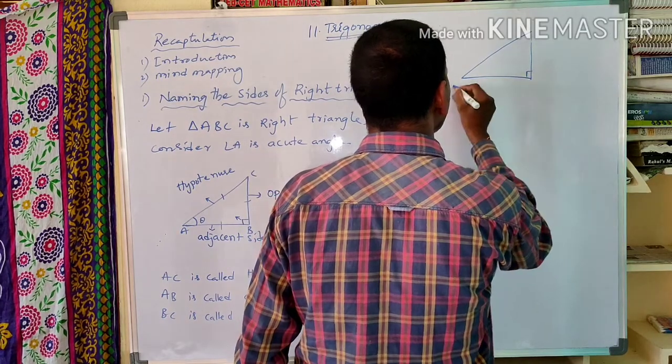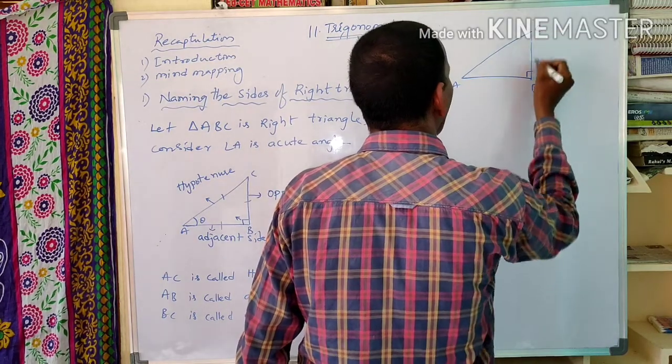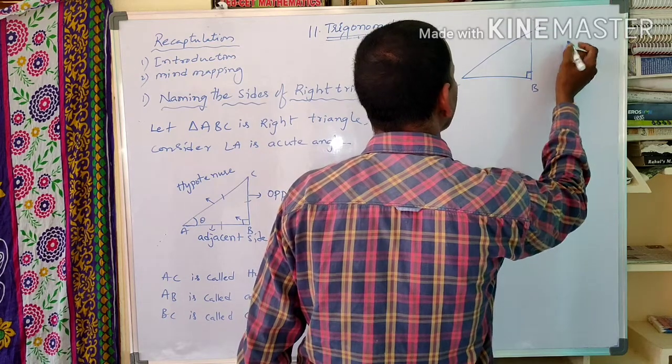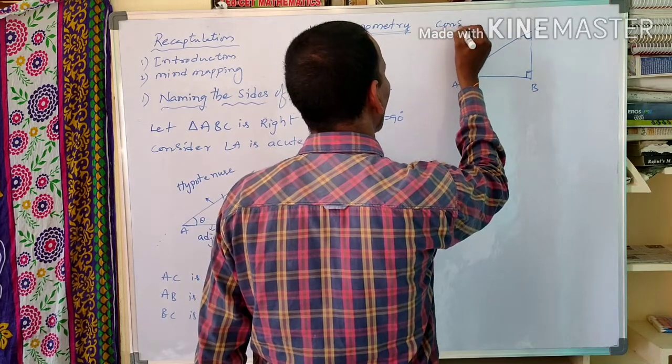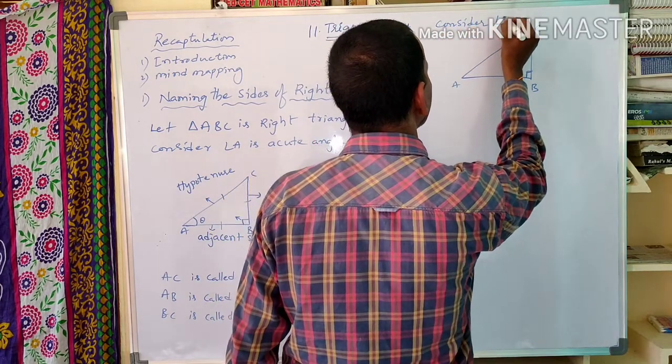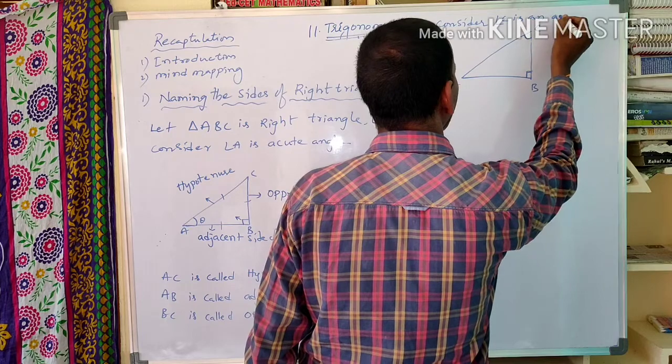Here ABC is a right angle triangle with the right angle at 90 degrees. Now let us consider angle C as an acute angle.